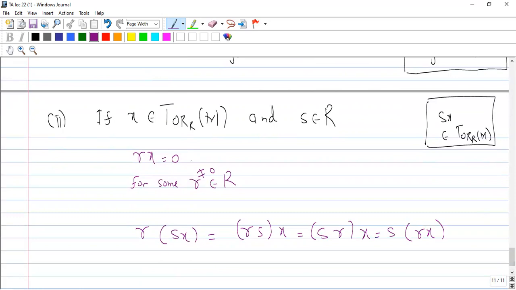And again, what is my assumption? That rx is equal to 0. So s of 0 is equal to 0.